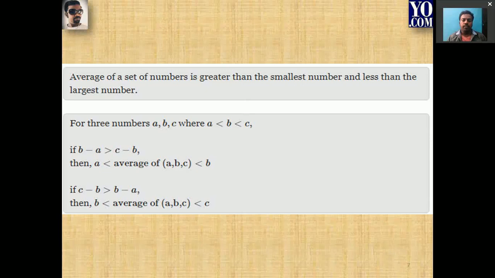Then the average is greater than the smallest number and less than the largest number. Consider three numbers A, B, C where A is less than B, and B is less than C. If B minus A is greater than C minus B, then A is less than the average of ABC, which is less than B. If C minus B is greater than B minus A, then B is less than the average of ABC, which is less than C. This property is used to check whether our average result is right or not.